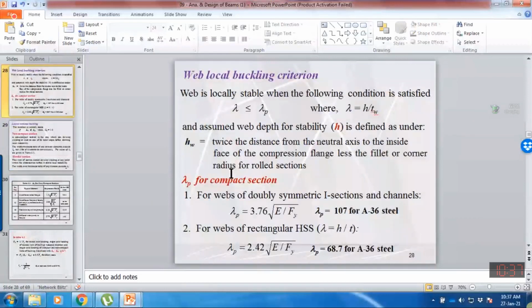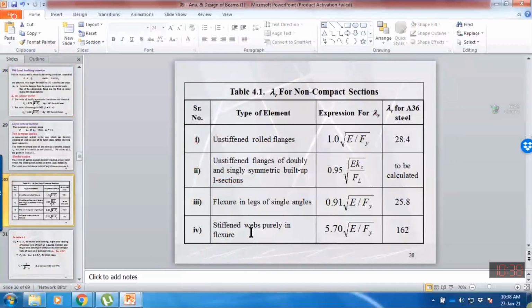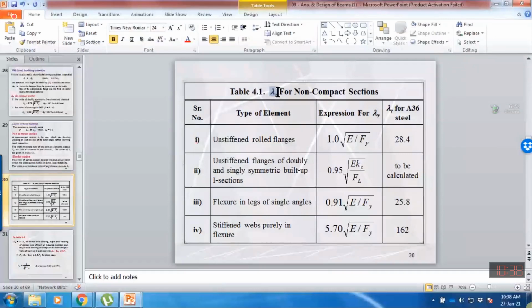So in case of our plate girder section, lambda w is always more than this value, 5.7 square root of E over Fy. So I can say that in case of the plate girder, our web will always be slender. It means that it is very thin, which implies that the web will always undergo elastic buckling.